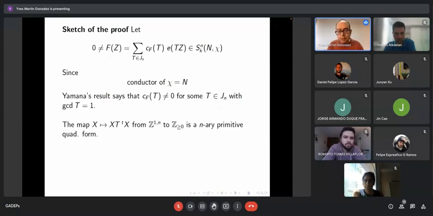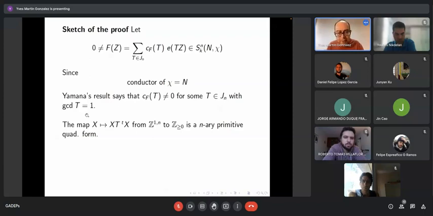Now let me take a little detour. Every matrix T in this Jn, this half-integral n by n positive definite matrix, defines a quadratic form in n variables.